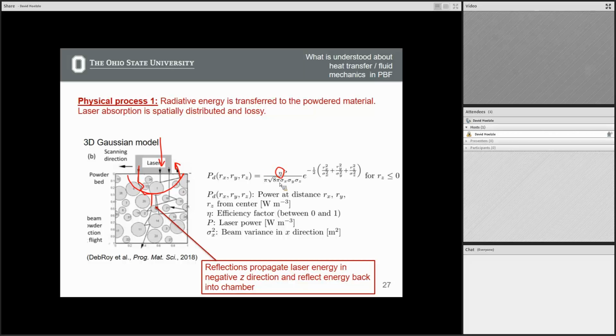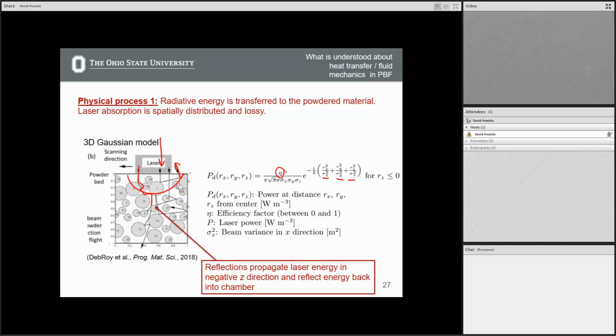And then this would be your standard equation for a 3D Gaussian. And then the unique factor here is that you can start to specify the variance in the x, y, and z direction. So oftentimes, if the laser is focused appropriately, x and y variances will be exactly the same. So that means in the x and y direction that the power spreads the same in both of those directions. It doesn't create an ellipse in that direction.